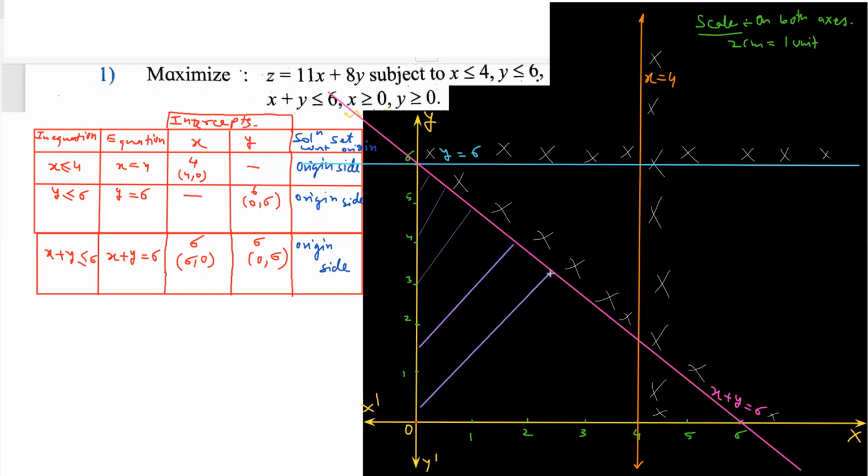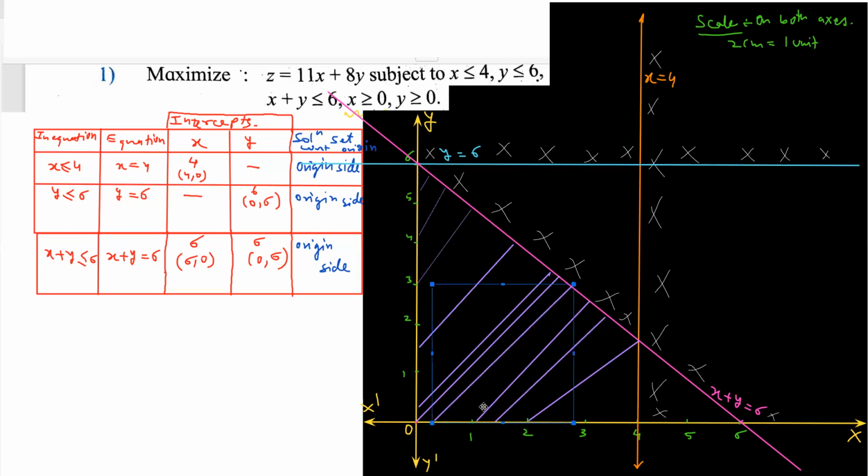Always remember, students, make sure that from the corner points you take one line from the corners, because that distinctively makes it look proper.